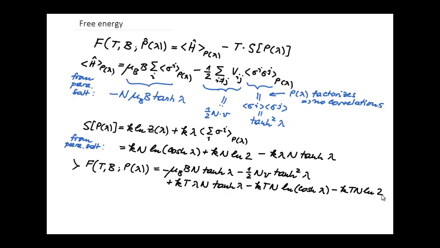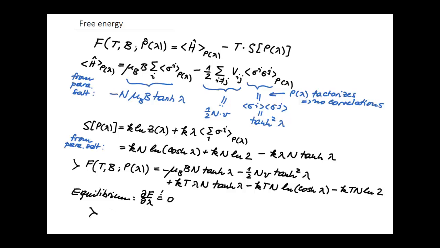You can write down a correct, precise analytical expression for the free energy of an arbitrary mean field state, not necessarily the equilibrium state. But now we seek equilibrium. And this corresponds to a minimum of free energy. And at a minimum, the derivative of the free energy with respect to lambda must vanish.